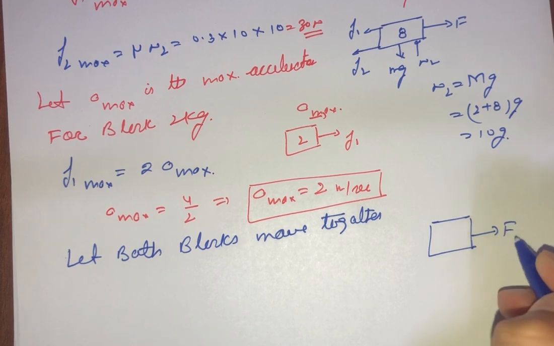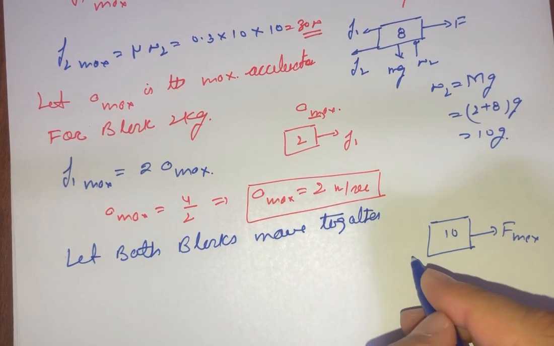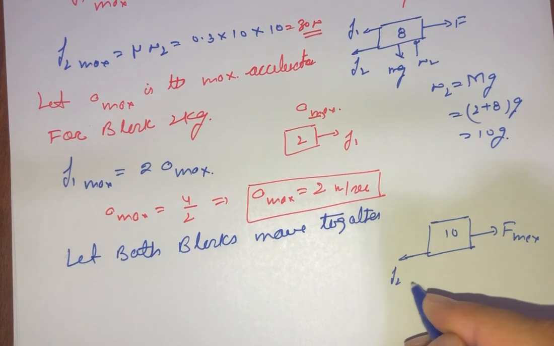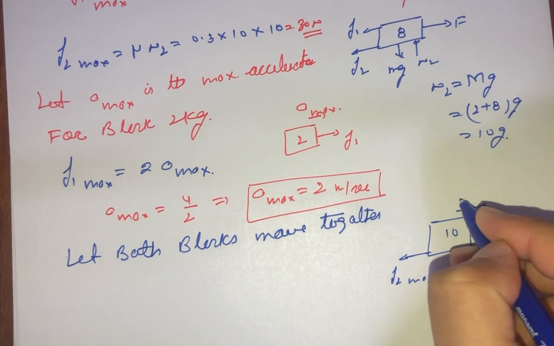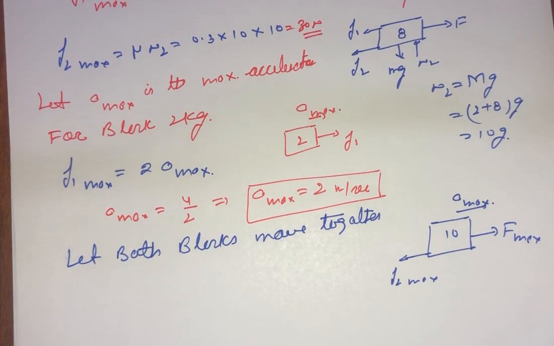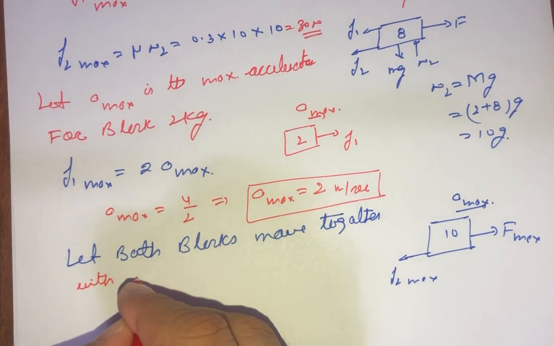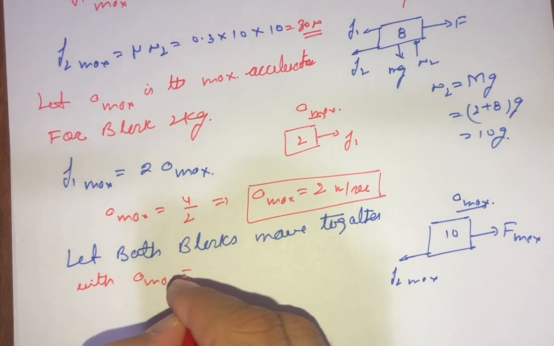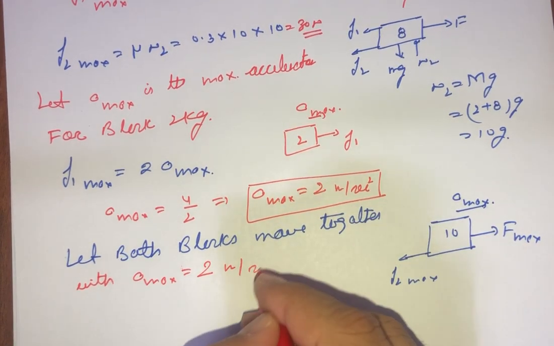So we have this F max, and it is 10 kg, and here will be our F2 max, and maximum acceleration it will be moving with. Let both blocks move together with a max equal to 2 meter per second square.